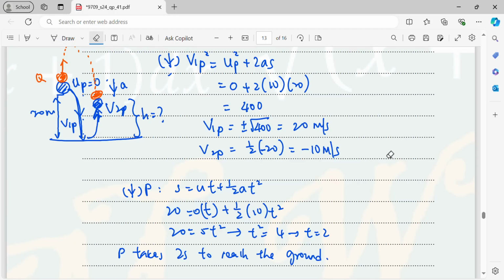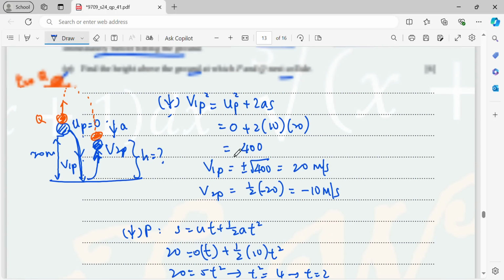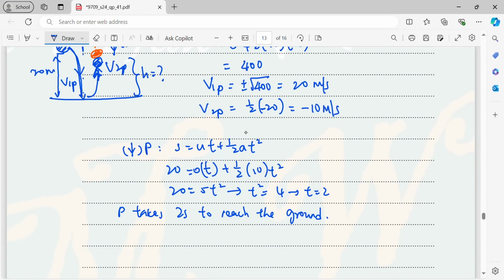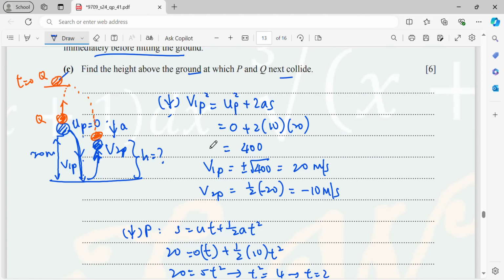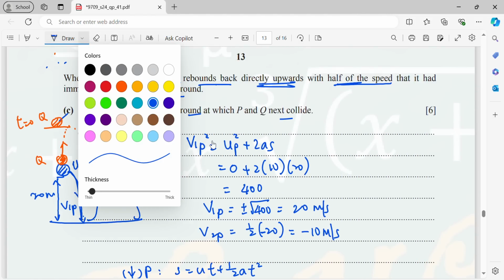Now I need to find out, within that 2 seconds, where is the Q. So now for the Q, since it's going up at first, the Q here was 10 just now.